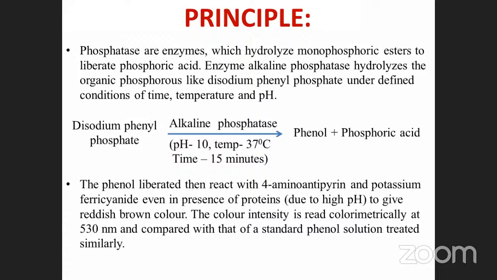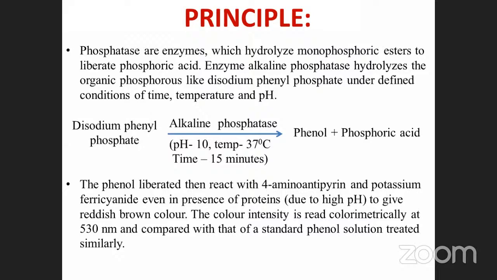Understood? The phenol liberated then reacts with these 2 chemicals, 4-amino antipyrine and potassium ferricyanide, even in the presence of proteins due to high pH, to give reddish brown color. You know this reaction, similar to glucose.